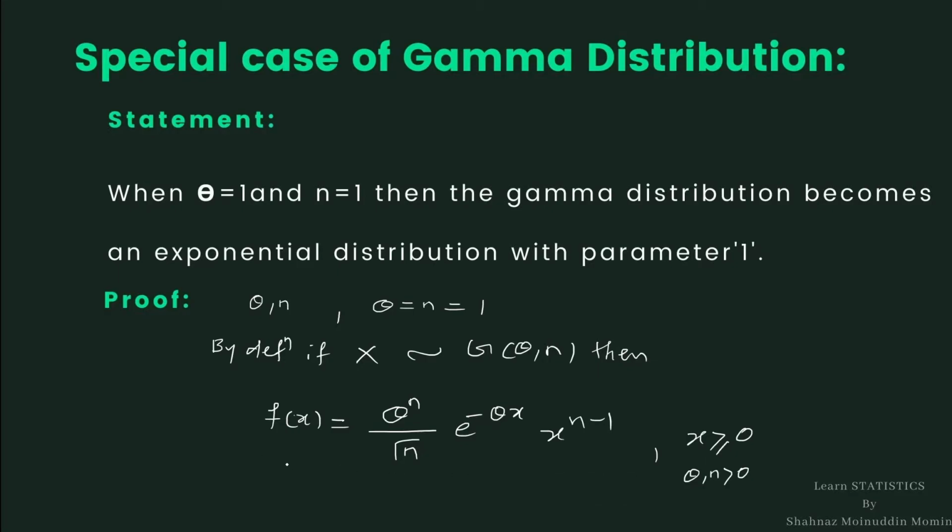If we change the value of theta and n equal to 1, then we get, put 1 at the value of theta as well as n.